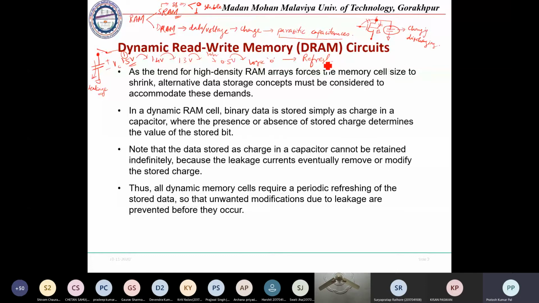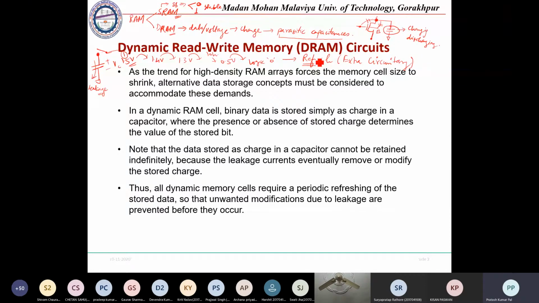This refresh will be done by an extra circuitry, so this extra circuitry will be required to make a refresh.